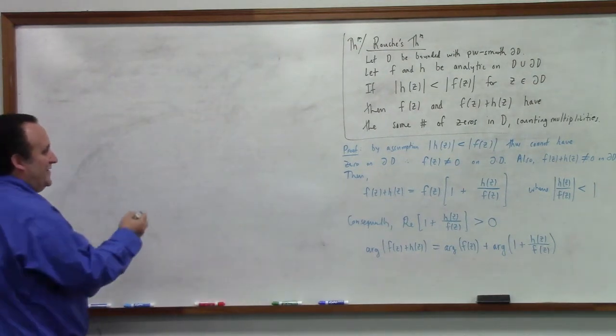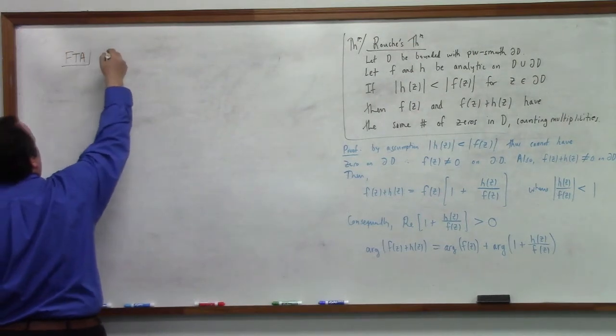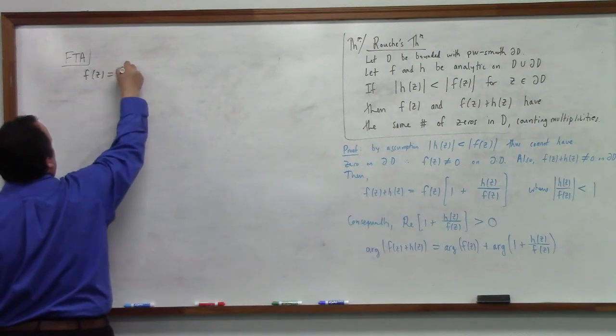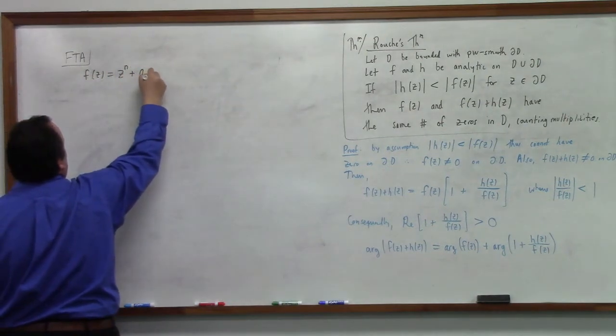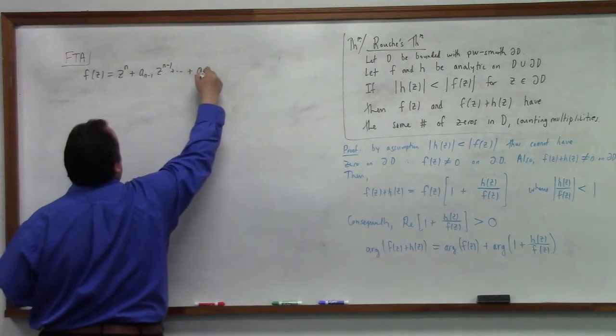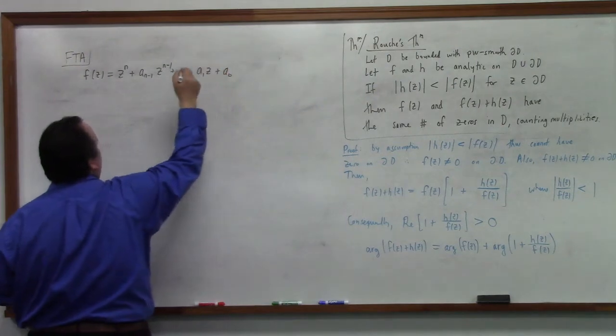So what is the fundamental theorem of algebra? Things can be factored. Okay, so if we look at, let's say, f of z equals z to the n plus a sub n minus 1 z to the n minus 1 plus, plus a sub 1 z plus a sub 0, right?